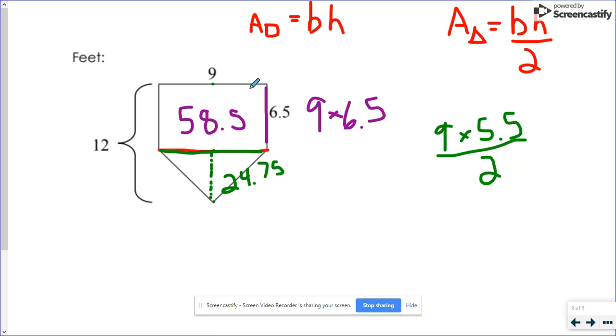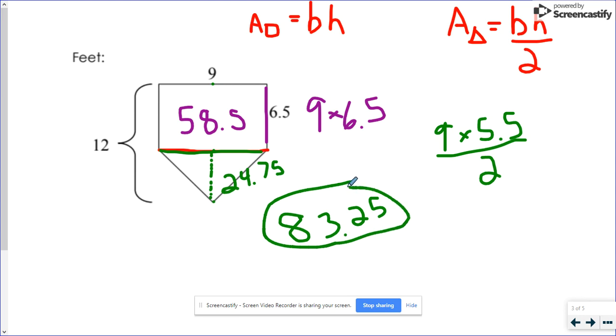In order to find out the total area, though, I need to put those 2 together. So if I add 58.5 and 24.75, I find that my total is going to be 83.25. I have to add those together to get the total area of the entire shape.